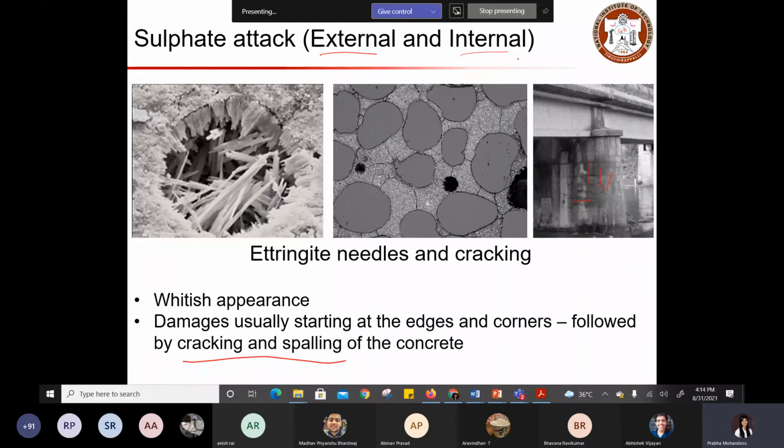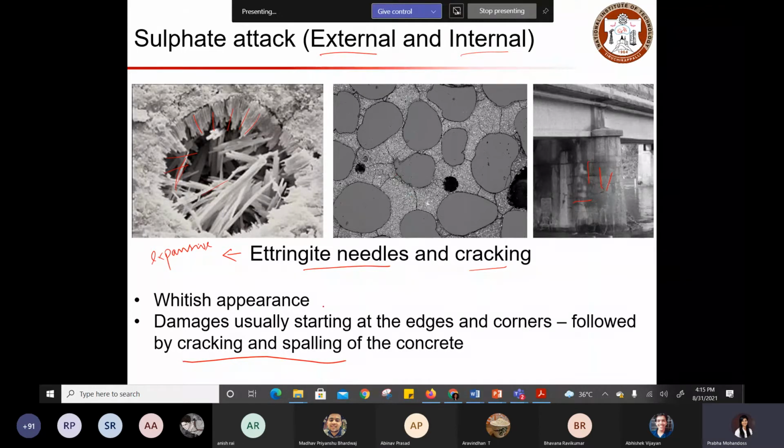Basically, when sulfate attack occurs, you encounter such ettringite formation and thus cracking. You will see ettringite in the form of needles, and typically ettringite is expansive in nature and leads to cracking.